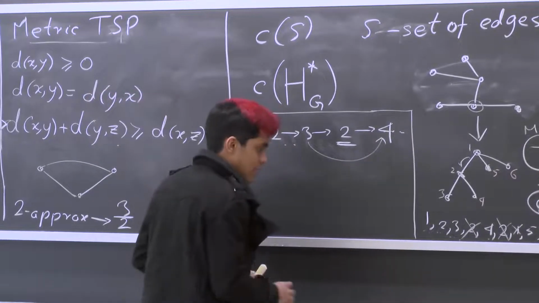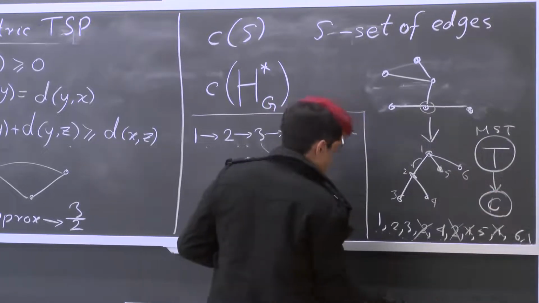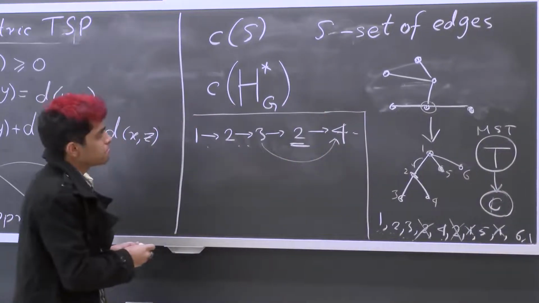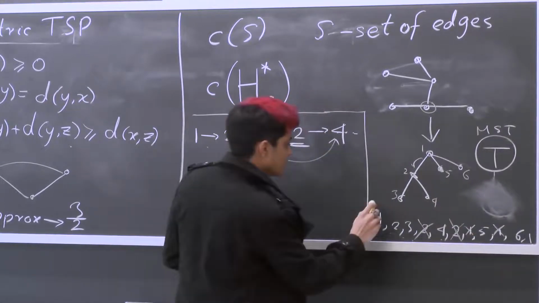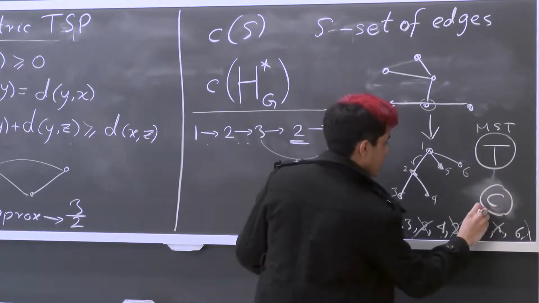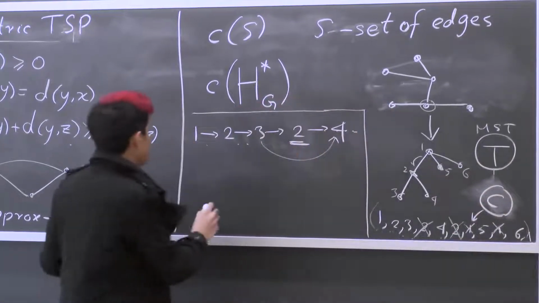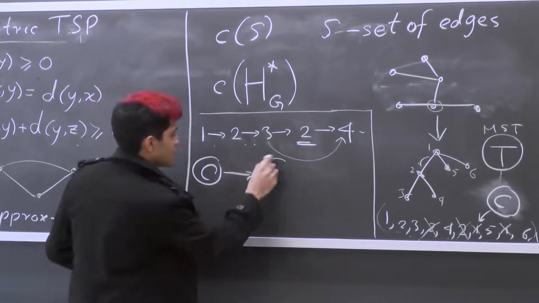Actually, let's take another step back. Let's define a cycle first. So let's call this cycle C, and then you're going from C, and you're deleting the duplicates, and you're getting C dash.